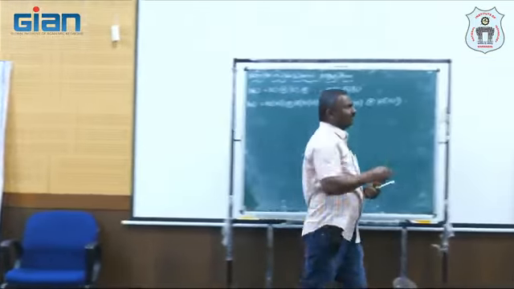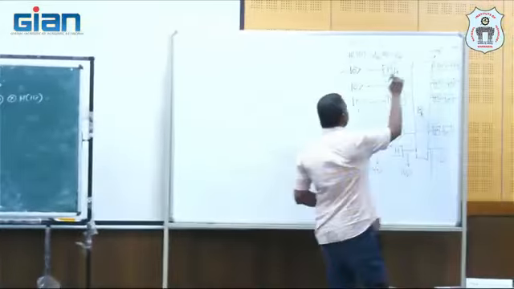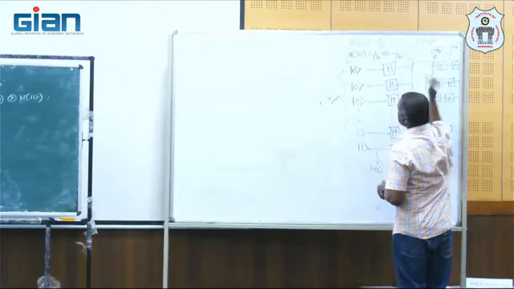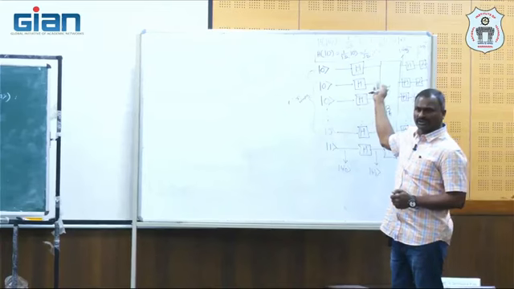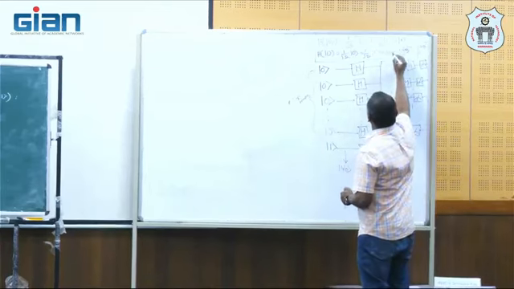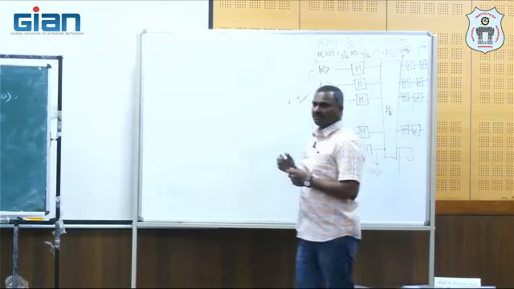So what is the other name given to this? This state is called plus state. Sir, use this notation also, no? This is called plus state. What is this? Minus state.